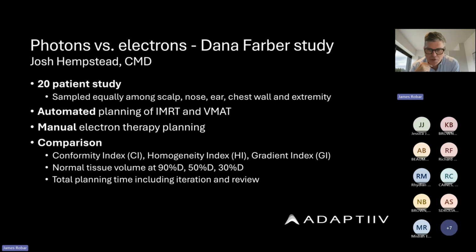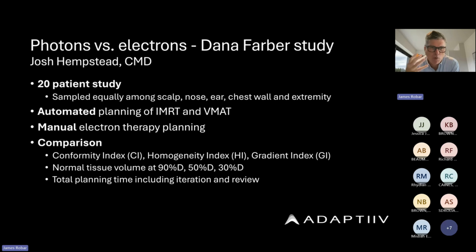Dana-Farber was one of the first groups to have DermaPlan RT. 20 patients sampled, so 4 cases each among scalp, nose, ear, and chest wall and extremity, using IMRT automated, VMAT automated, or manual electron therapy planning, and looking at comparatively conformity index, homogeneity index, and gradient index between those 3 techniques, as well as normal tissue receiving 90%, 50%, or 30% dose. And then, of course, we're also interested in a measure of total planning time.